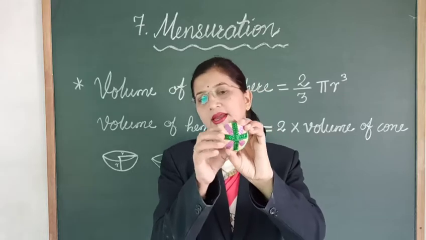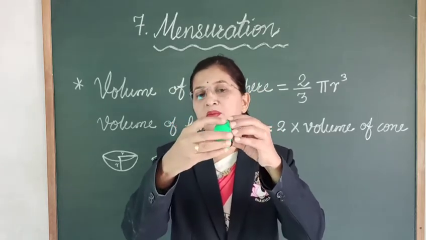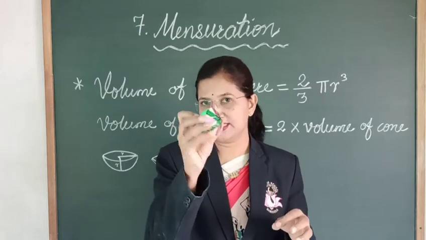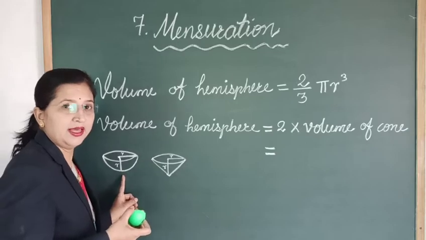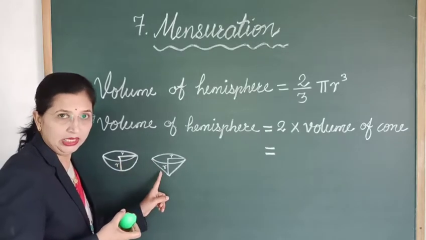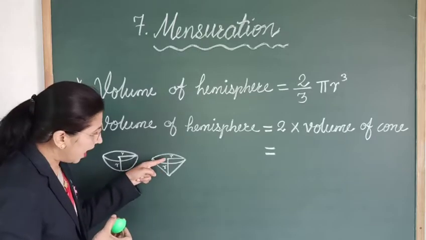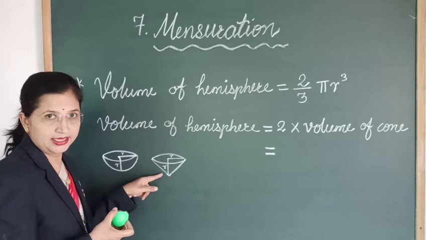Here you can see this is a hemisphere and this is a cone. Their radii are equal, and the height of the cone is also equal to the radius.